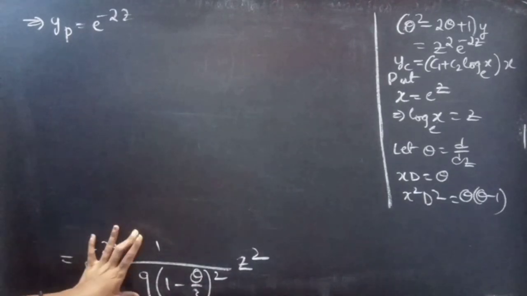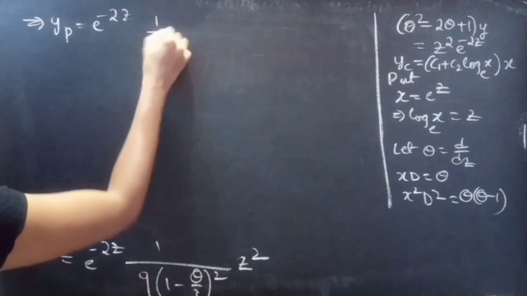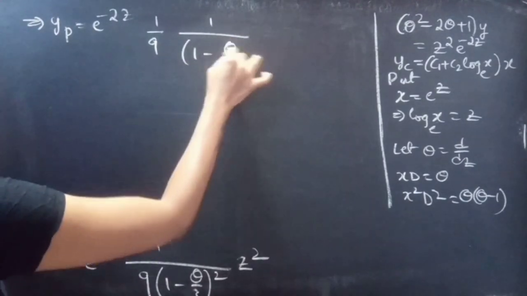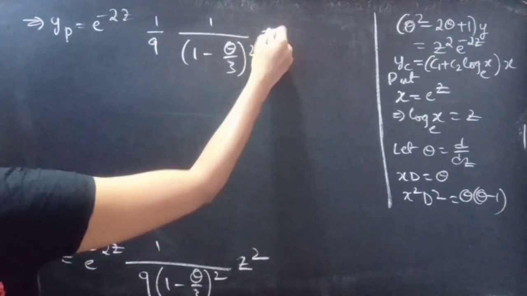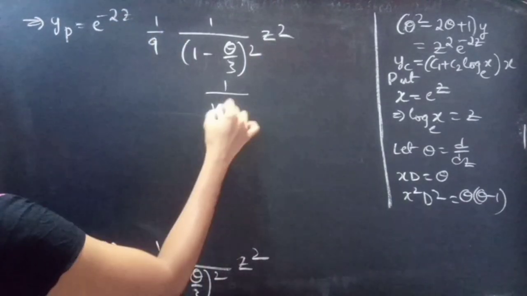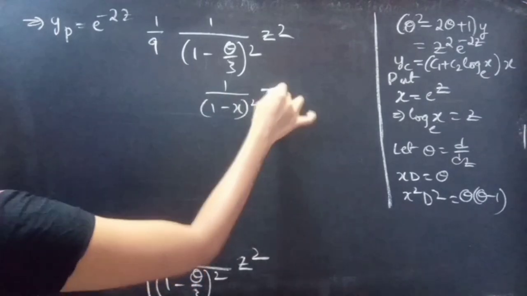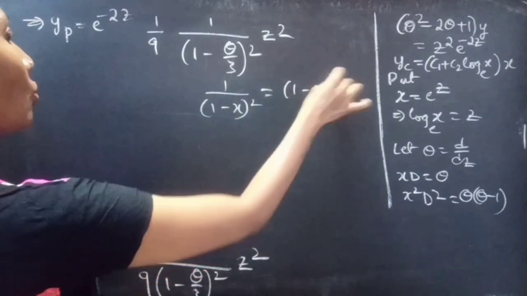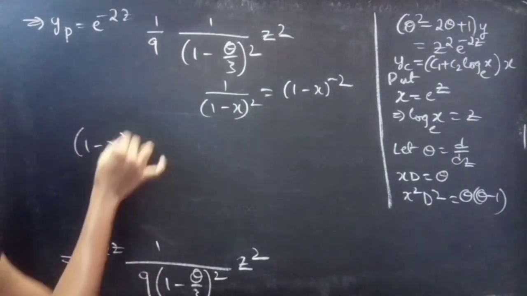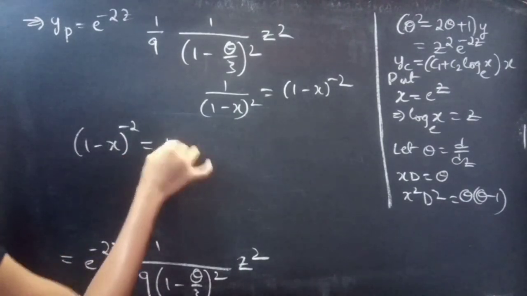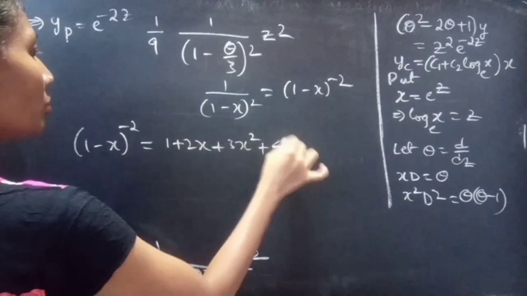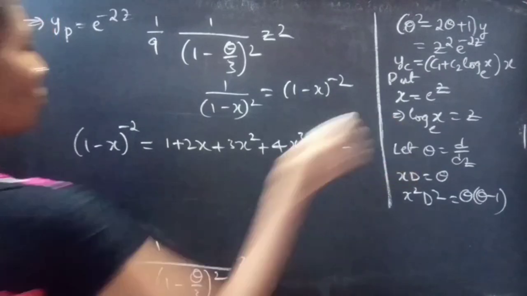Now, we'll split this fraction as 1 by 9 into 1 by 1 minus theta by 3 whole square into z square. See, the second fraction is of 1 by 1 minus x whole square form. We can write it as 1 minus x whole power minus 2, and later we can use the 1 minus x whole power minus 2 formula, which equals 1 plus 2x plus 3x square plus 4x cube plus so on, right?